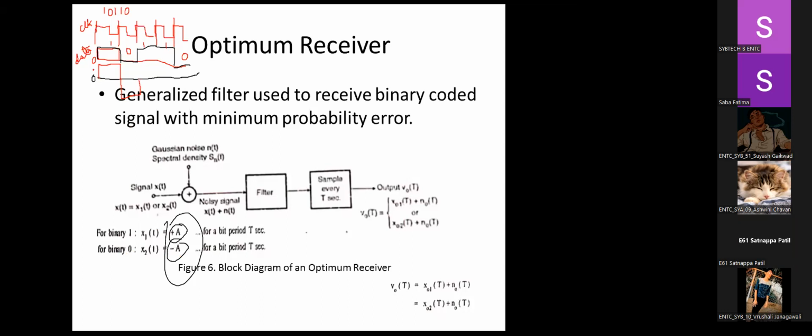So it is plus A amplitude here, and here this is minus A. Then again the next 1 1, so 1 with a positive amplitude, another positive amplitude. Now it is 0 here, so for 0 we are getting a negative amplitude.